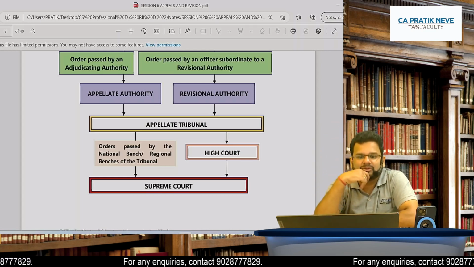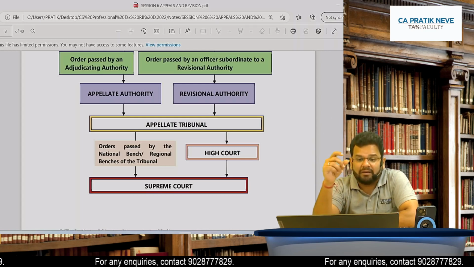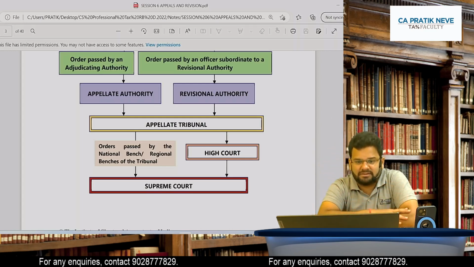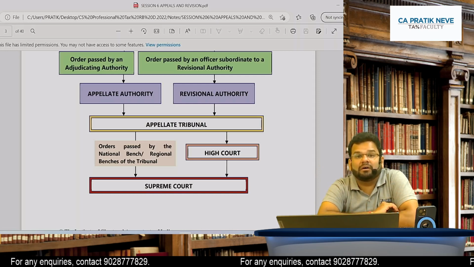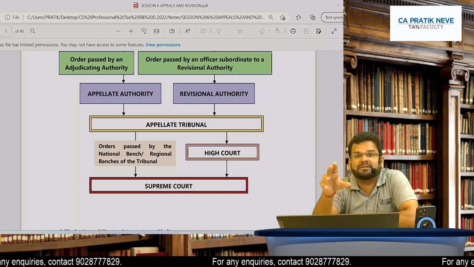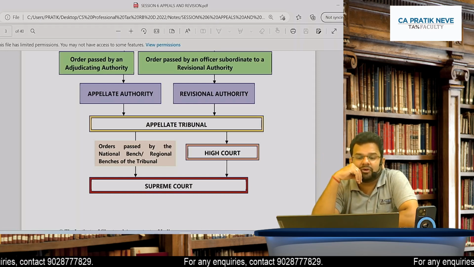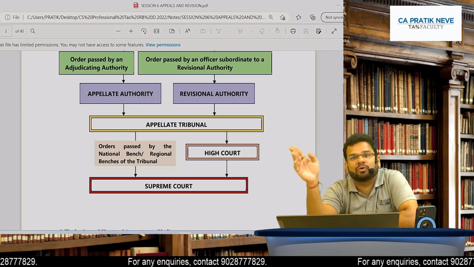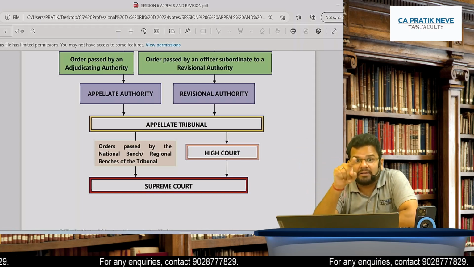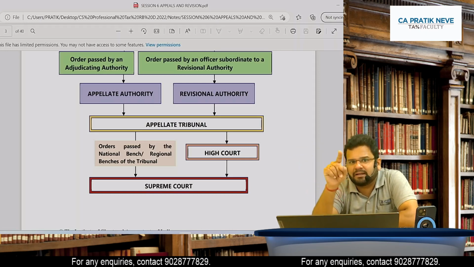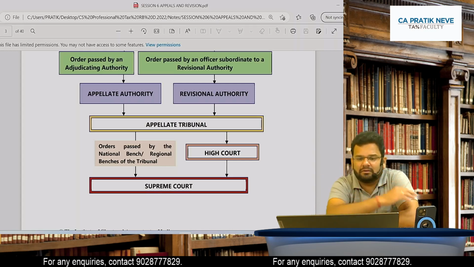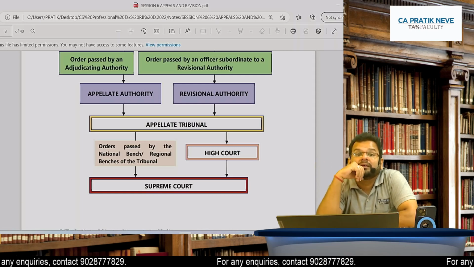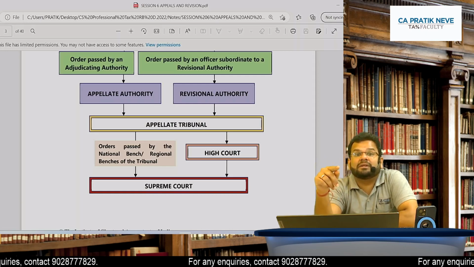And friends, the appellate tribunal has multiple benches. If the order is passed by the national bench or regional benches, then don't appeal after that with the High Court. Against the orders passed by national benches or regional benches of the appellate tribunal, the appeal will lie directly with the Honorable Supreme Court.